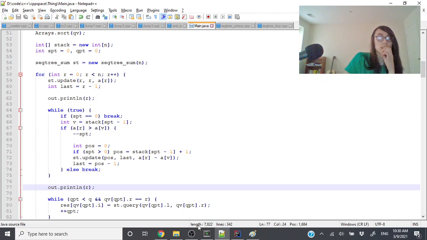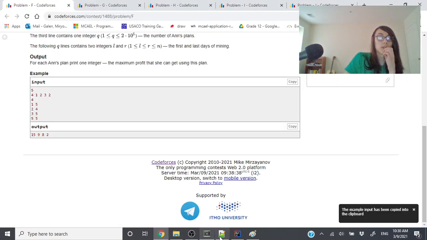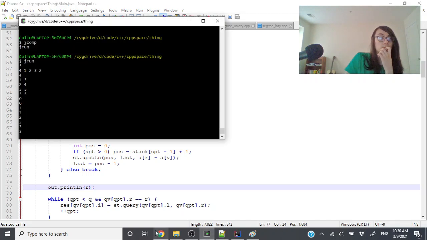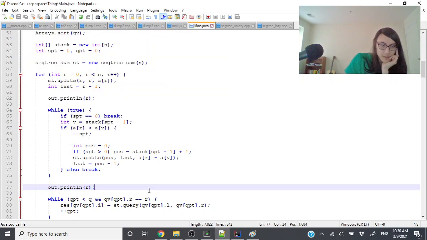Oh, it is. Yeah, it's on the first loop with the 4. Have we handled the queries already? No. So breaking here. Why are we breaking here?